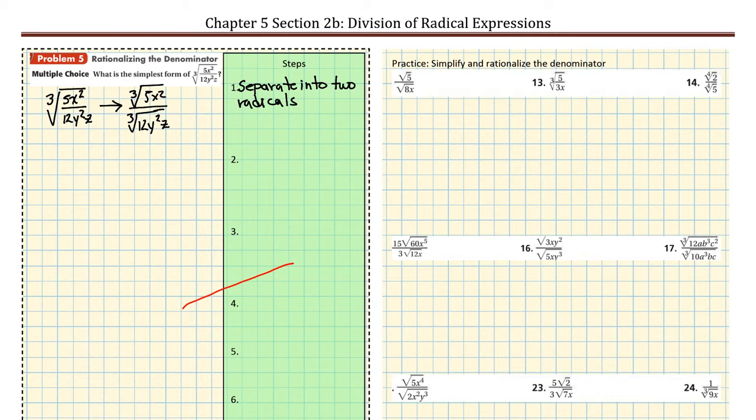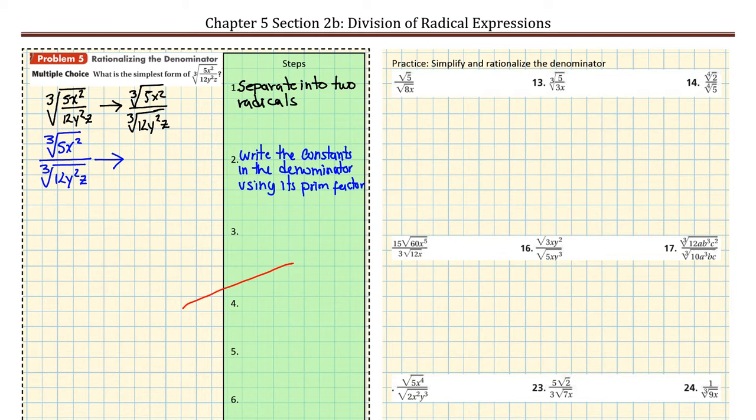Now, the prime factors of 12 are 2 squared times 3. So we're going to end up writing the cube root of 5x squared over the cube root of 2 squared times 3 times y squared times z.